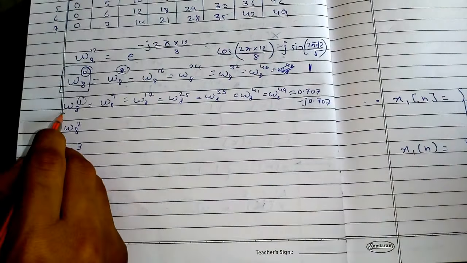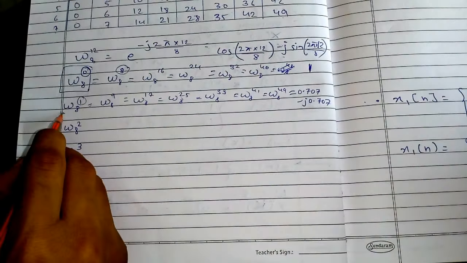So you have to just calculate for omega 8 raised to 1, and for all of these terms the value will be the same. Similar logic applies to omega 8 square. Next term will be omega 8 raised to 10. Just calculate for omega 8 raised to 2, and the answer will be the same for omega 8 raised to 10, omega 8 raised to 18, 26, 34, 42, and so on.